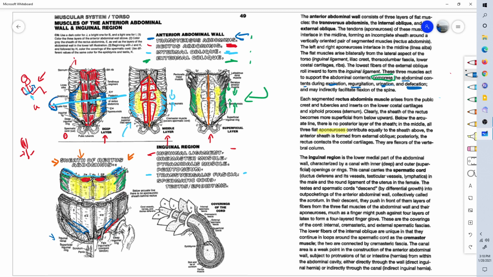And what it is, is the spermatic cord. The spermatic cord, which consists of some reproductive vessels, the ductus deferens and its vessels, the testicular vessels, lymphatics, and in the women, a round ligament of the uterus.